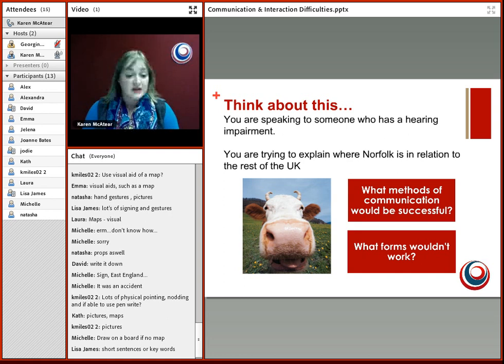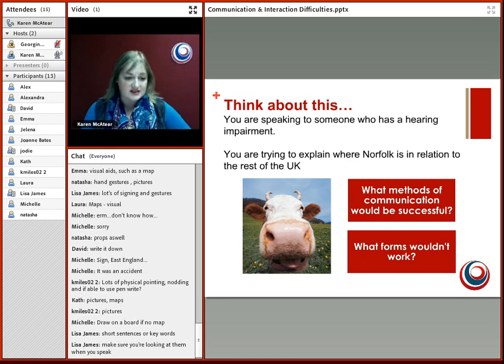So pictures, maps, keywords. It might be useful, as someone has said, to use keywords, making sure that they know what you mean by Norfolk, and what the UK is. So you might have a map of the United Kingdom, and do they know where that is? Could they identify the separate countries within that, and then narrow it down, narrow it down.